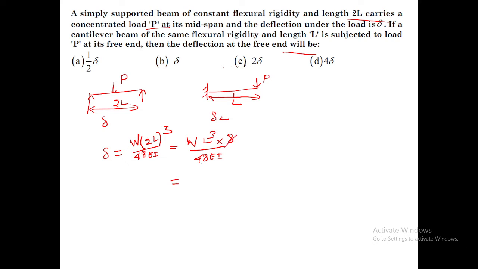So W L cube divided by 6 EI. This is delta 1 for this beam.